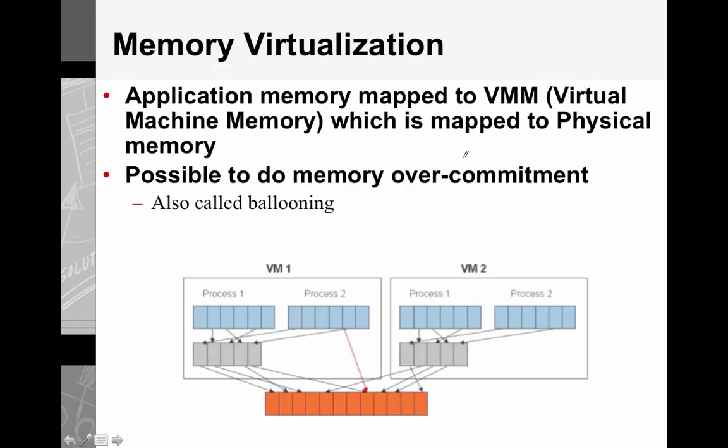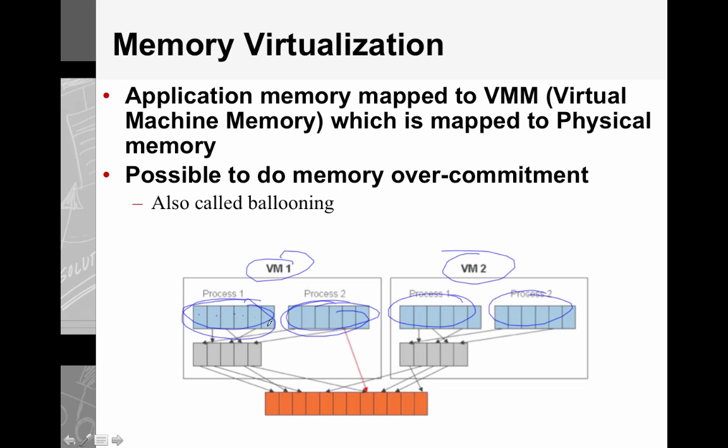Basically, in this model, every virtual machine, in this case I have VM1, which is virtual machine 1, and VM2, virtual machine 2, has its own processes. In this case, virtual machine 1 is running two processes, process 1 and process 2. Virtual machine 2 is also running two processes, process 1 and process 2, and it requires its memory. So each process has its memory.